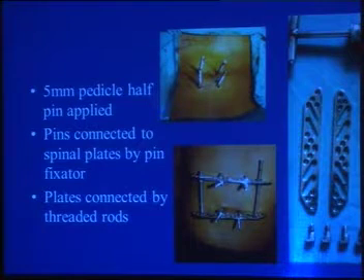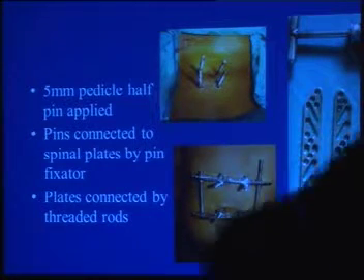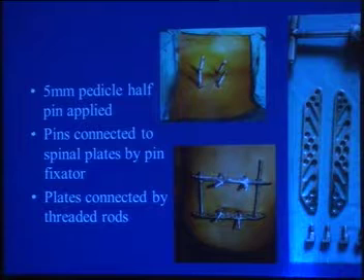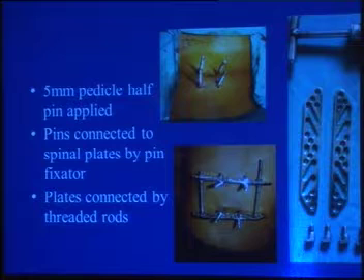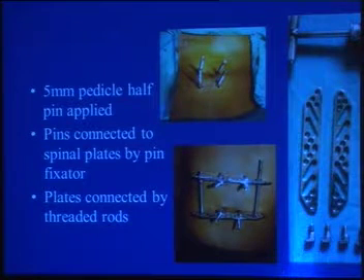The pins are connected by the spinal plates, as you can see in the figure shown there, and there are special spinal fixators which connect the plates to the pins, and both the plates are connected by threaded rods. So this is a very simple construct: 4 pins connected by 2 plates and 2 plates connected by threaded rods. This is the basic construct.